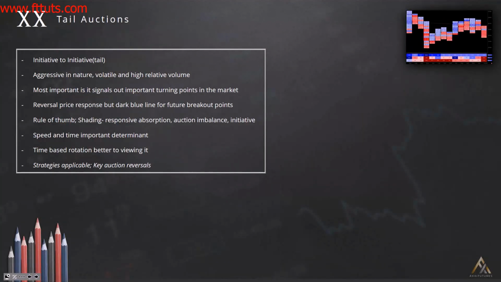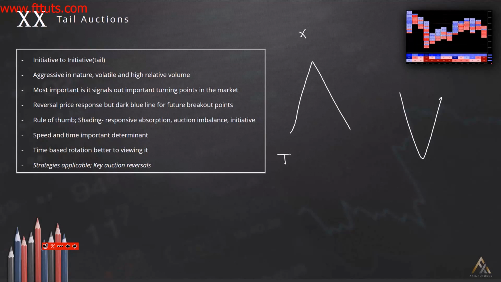The next principle we're going to pay attention to is that of tail auctions. To best explain a tail auction is to just illustrate it. It will very typically look like either an inverse V, as we can see in the first example, which we call an inverse V reversal, and the second would be a traditional V reversal.